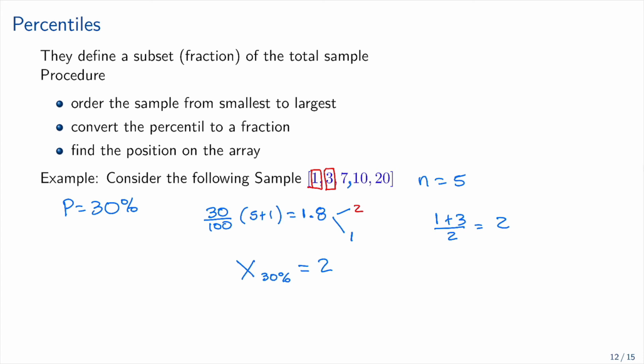Now I have mentioned that when we have a non-integer value, we take the average of the two positions. That's one option, and that's the option that is present in the book. However, it is not the only possibility.